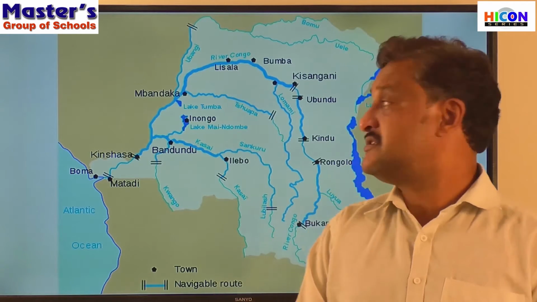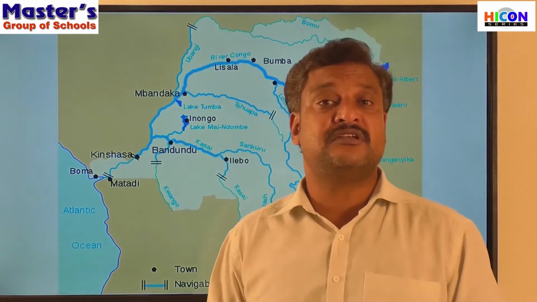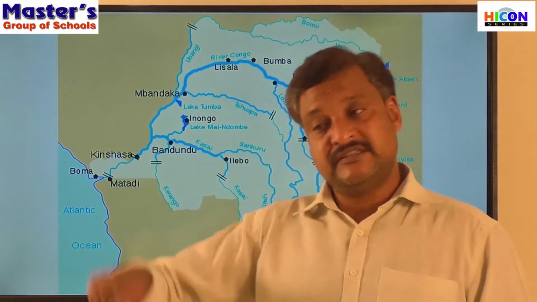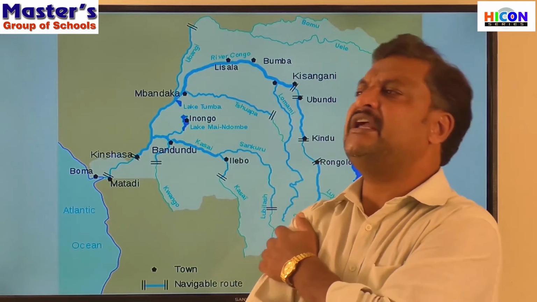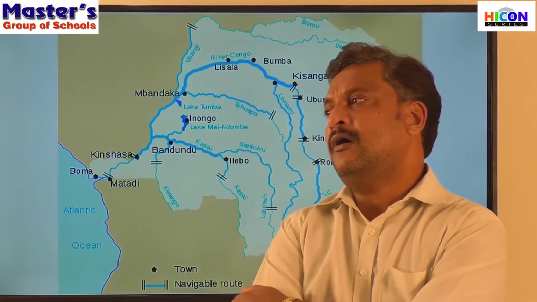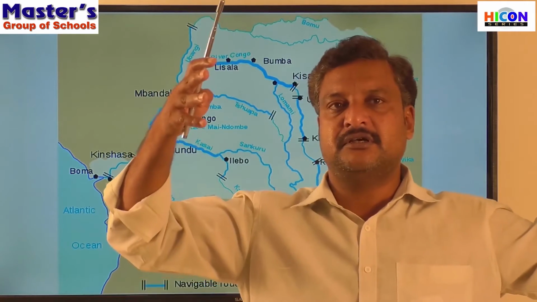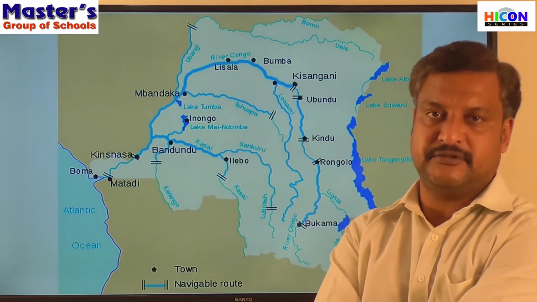Another speciality of this river is that river Congo is the deepest river in the world. It's so deep that we can completely immerse some of the biggest buildings on earth in that river.